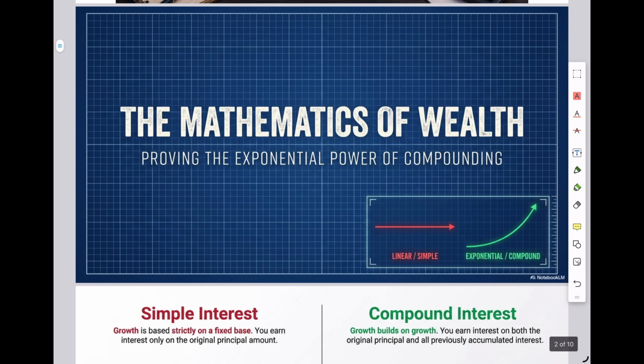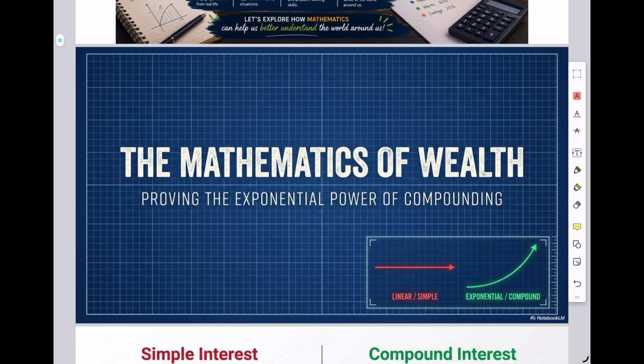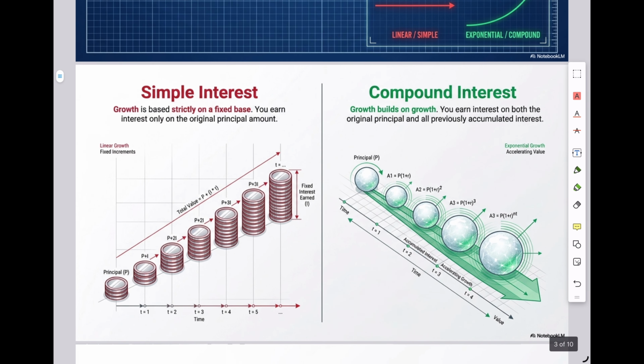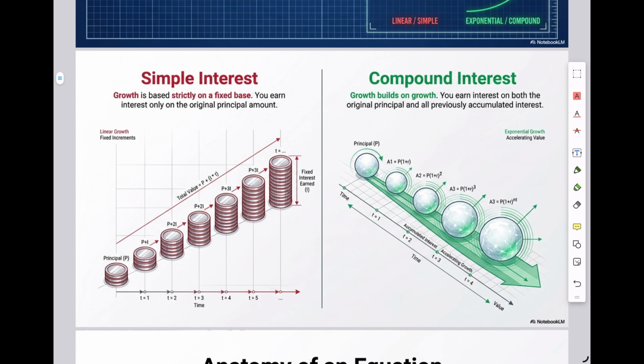So today we're going to look at how the exponential power of compounding creates this snowball effect that we have always talked about. So let's first understand what is simple interest and what is compound interest. In simple interest, the growth of your interest is fixed on its base.